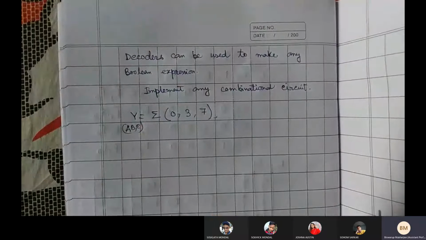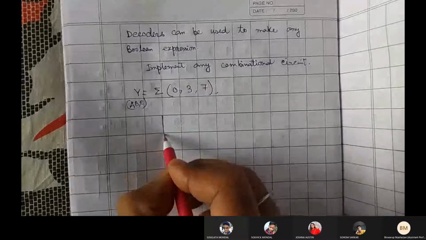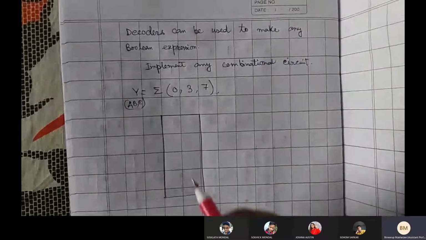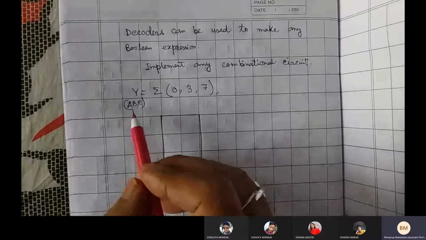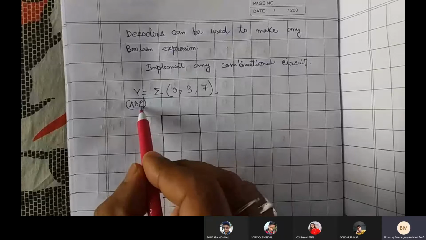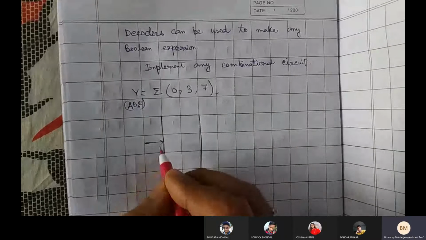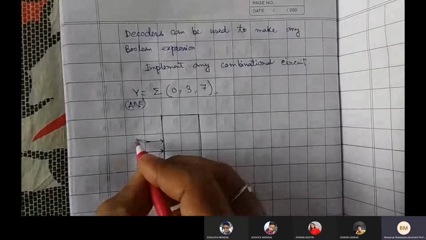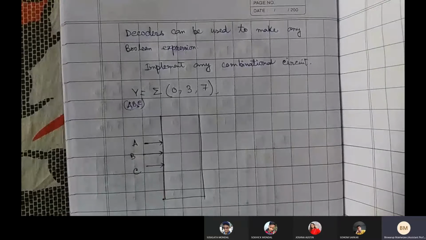These are the inputs. What you need to do is take a decoder having these as the inputs. These have to be our inputs, that is A, B and C.